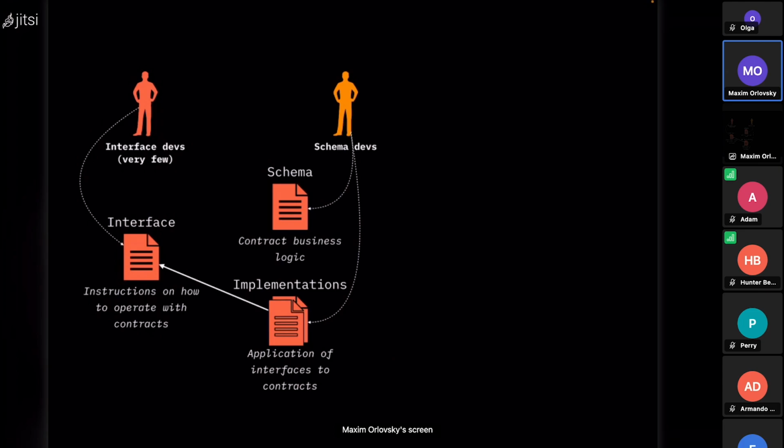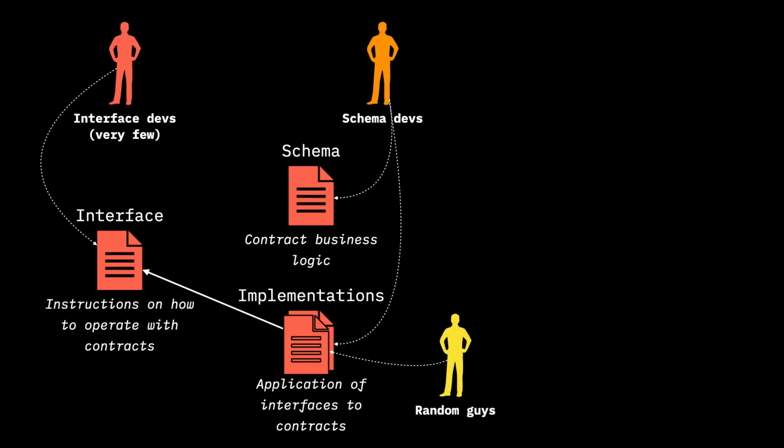There could also be random developers, those I called UI developers on the previous slides, who may implement new interfaces for existing schemas, and they are not necessarily the authors of the schema or of these interfaces. For instance, anyone may see a way to access multiple existing smart contracts by creating some new type of interface and then implementing it for existing smart contracts.